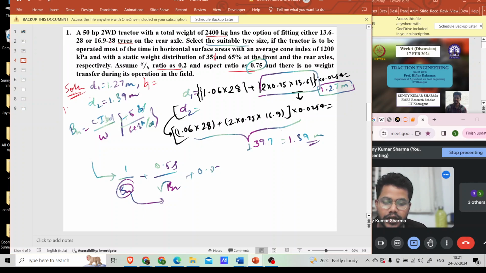B1 you have to calculate, and D1, B2. B1 is this in inches. Sorry, this is height. Don't multiply it with 0.75. You just have to multiply 13.6. 13.6 was the section width. So 13.6 into 0.0254 in meters.